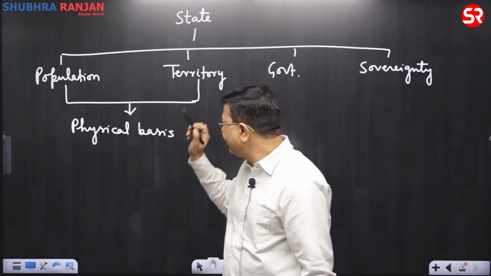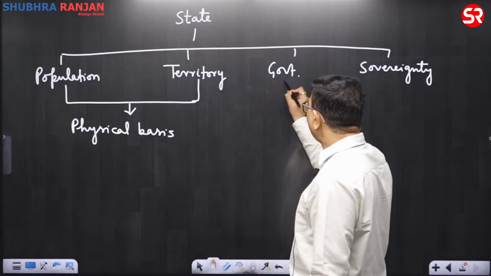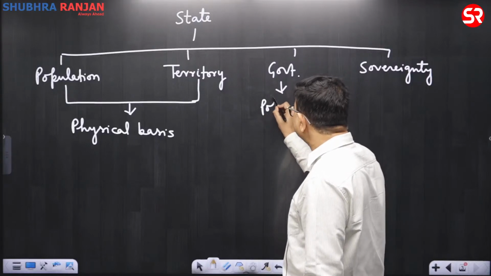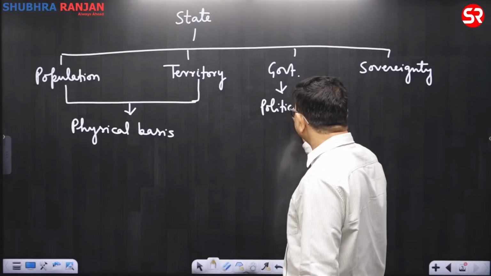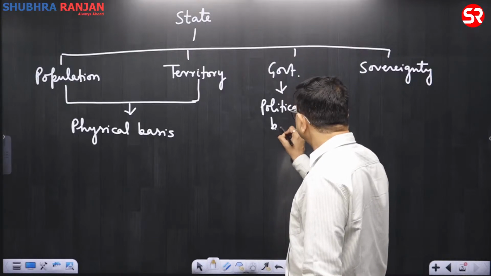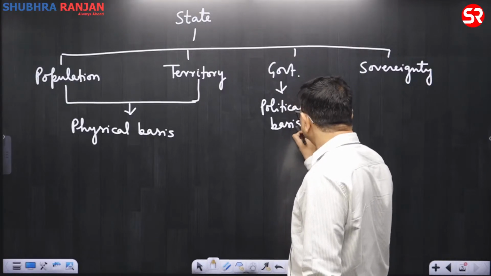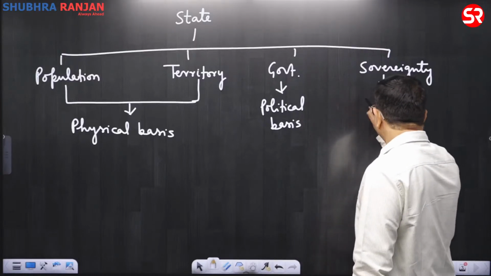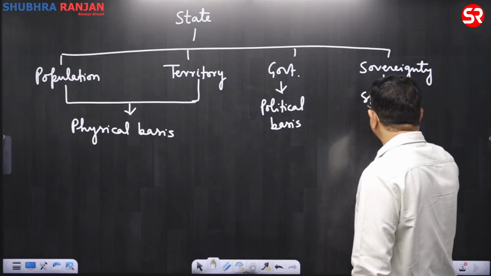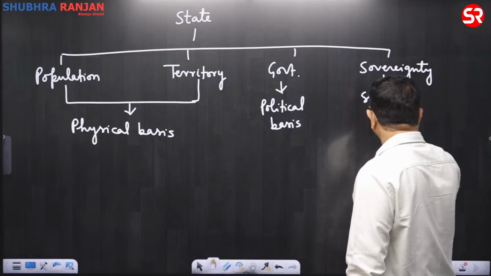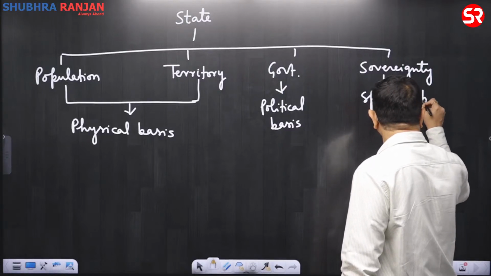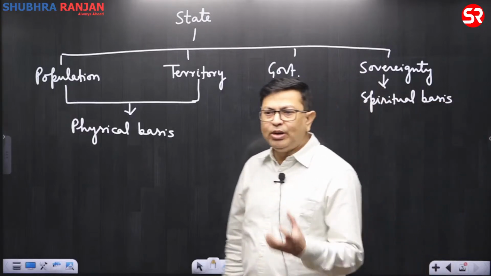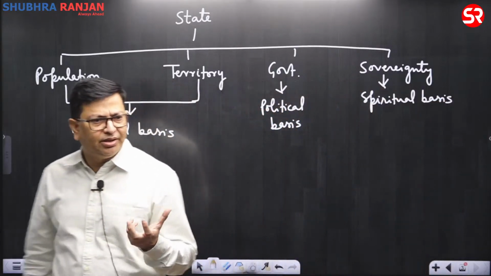It has to be fixed. Then when we talk about government, government is the political basis. And sovereignty is the spiritual basis. You can feel it, you cannot see it.